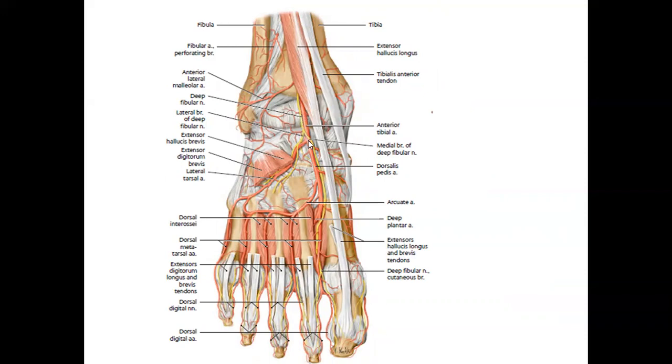The lateral terminal branch runs laterally and ends in a pseudoganglion that lies deep to the extensor digitorum brevis muscle, which is the only intrinsic muscle of the dorsum of the foot, meaning it originates and inserts here. So this is the muscle that was cut, the extensor digitorum brevis.